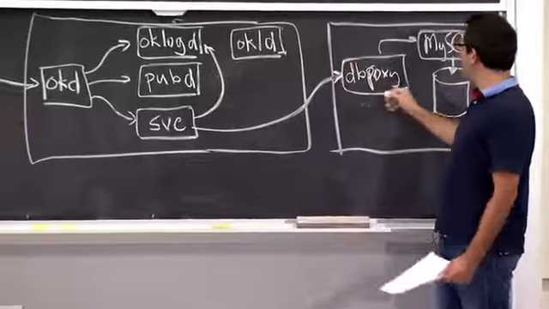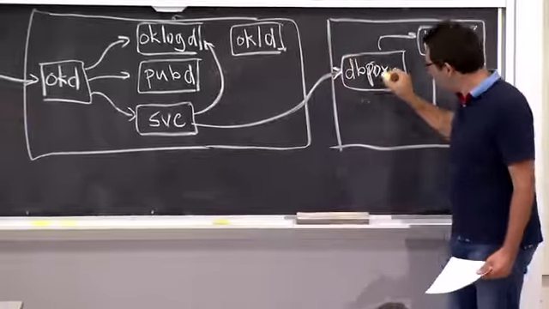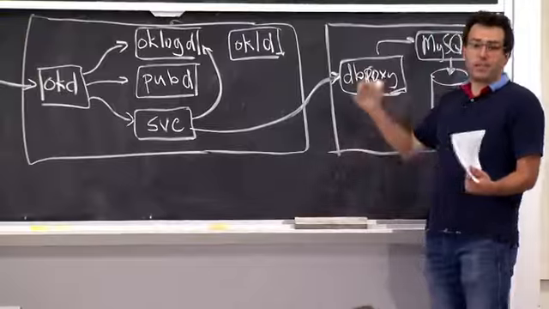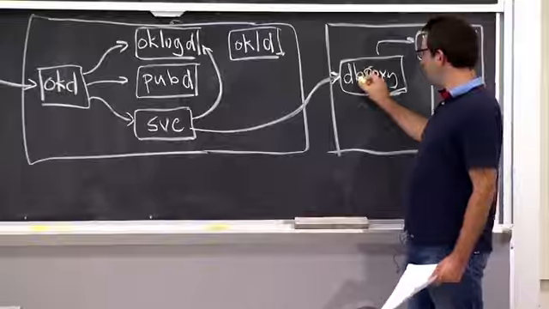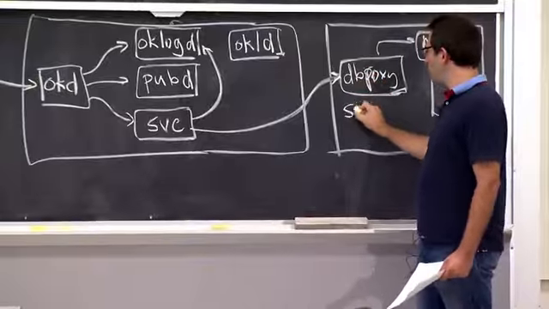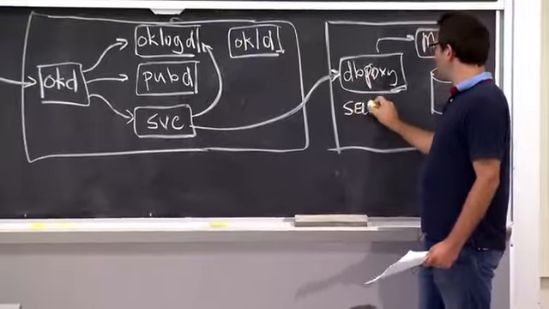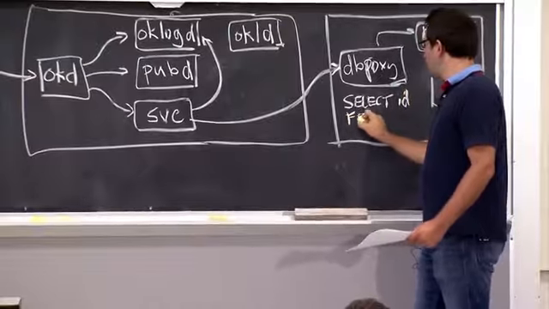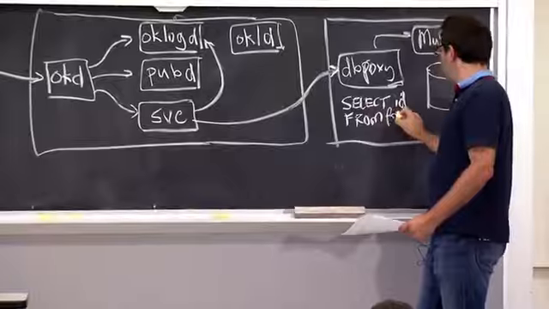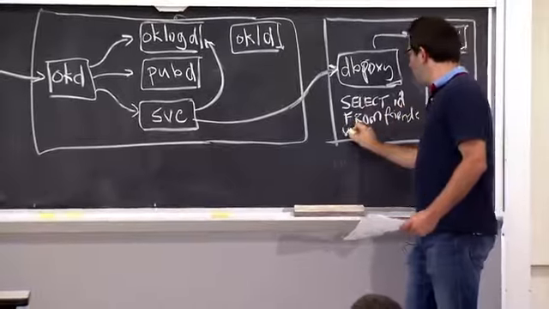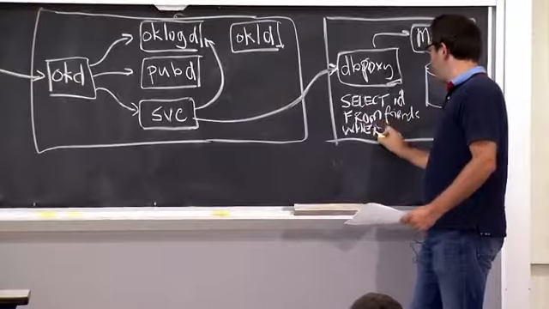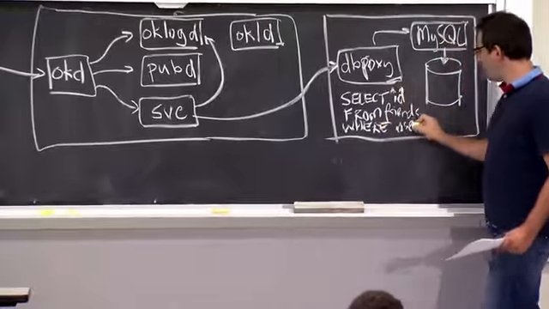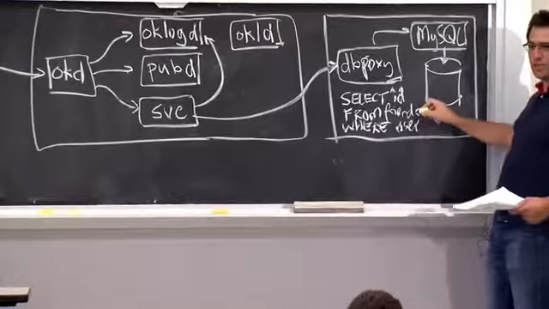So it might be that this DB proxy, this one in particular, is for finding, I don't know, your friends or something. So inside the DB proxy, maybe there's a template query like, select ID from friends where user, I guess this is the ID of the friend, and this is the ID of the person who is the friend of.